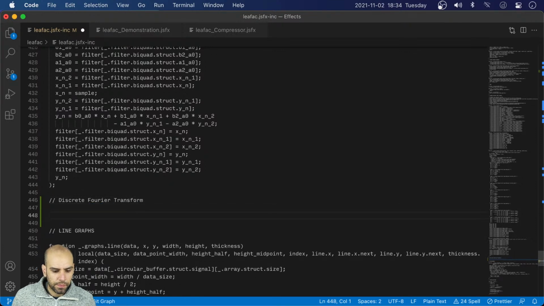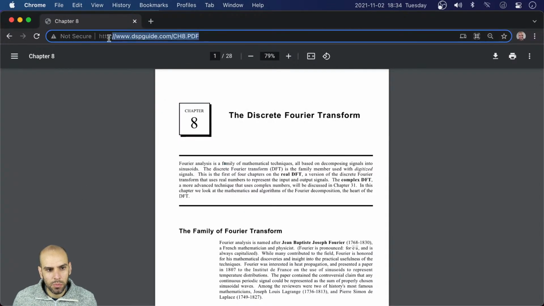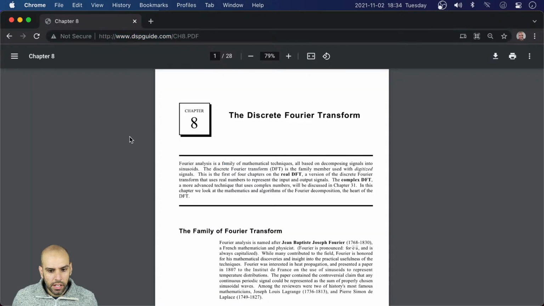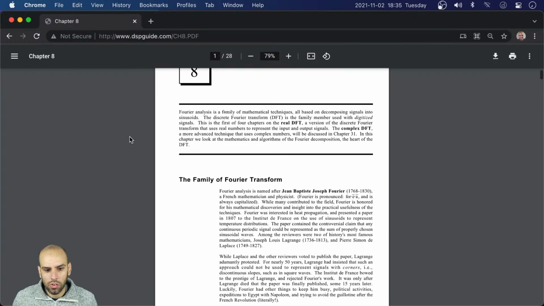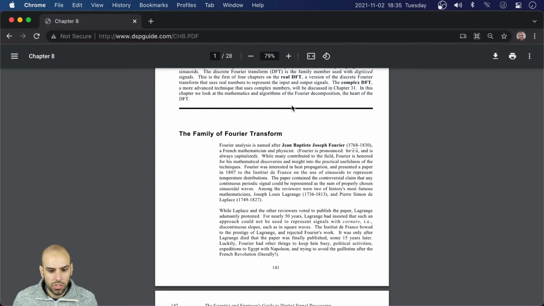All right. So we are going to follow along this chapter of this book. The book is called Digital Signal Processing, the Scientists and Engineers Guide to Digital Signal Processing. And it has a high-level explanation of what a discrete Fourier transform is. I recommend reading the whole book, especially this chapter.